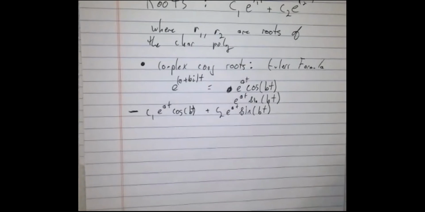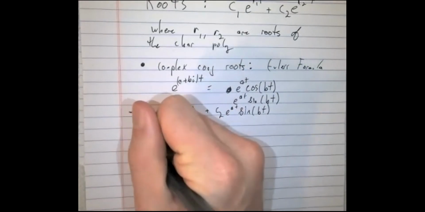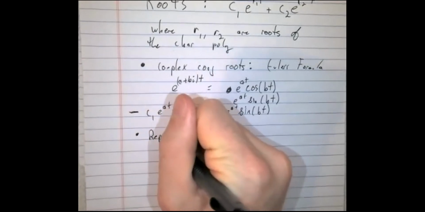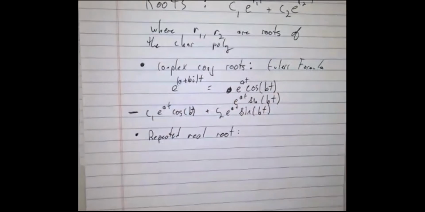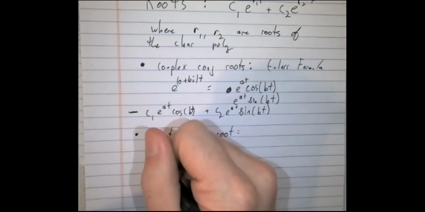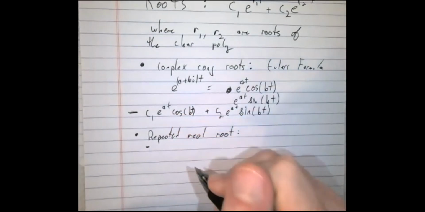Okay. And now we know what to do with a repeated real root. What do we get here for a general solution? You get e to the rt and then some other function that we have to find.